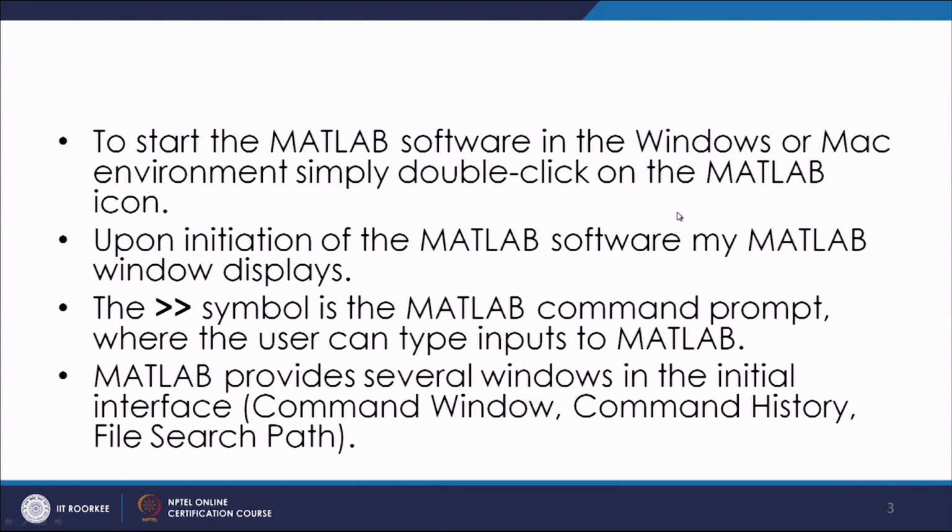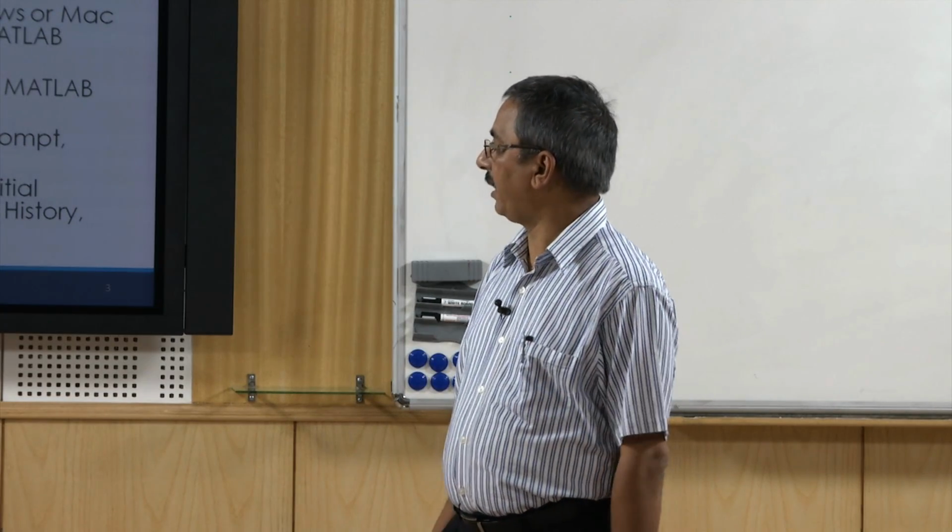the Matlab icon, and upon initiation of the Matlab software, the Matlab window display occurs. The double arrow symbol is the Matlab command prompt, and here the user can type inputs to Matlab. So, as soon as Matlab starts, you will get these symbols, which is the command prompt where the user can input commands for Matlab.